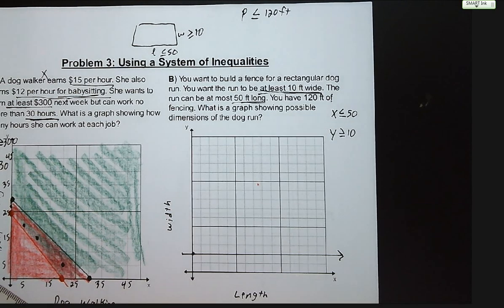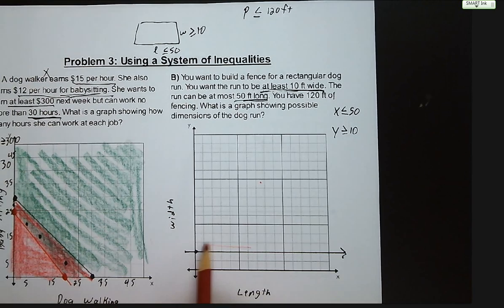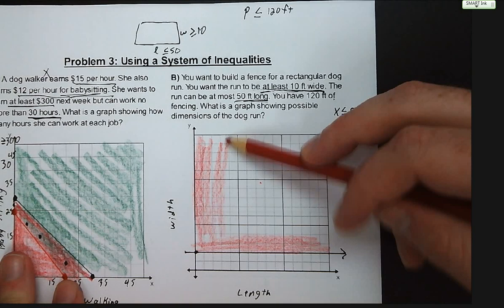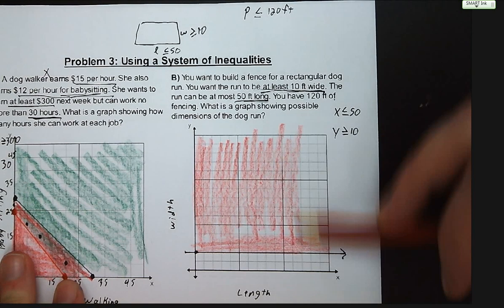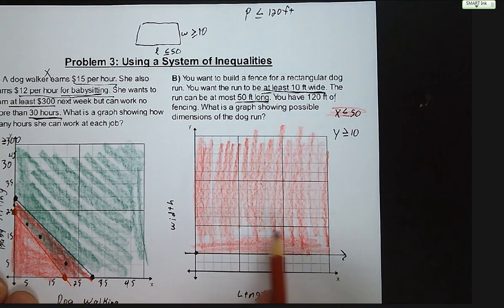And we have x is less than, well, here, let's shade that. So if we go with red, we'll just kind of shade that in red so we know that's what we did.